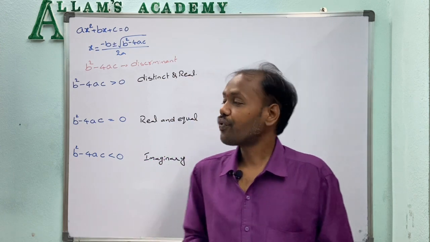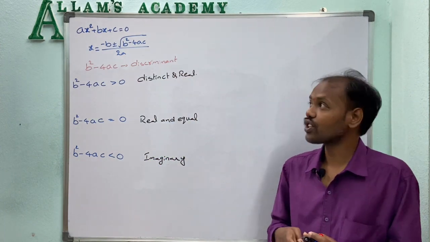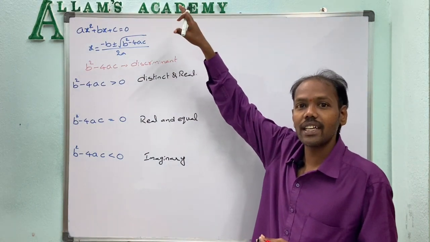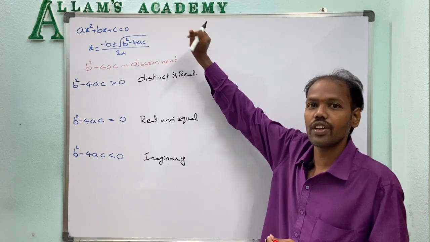Now ax square plus bx plus c equal to 0 is a quadratic equation. Already we said quadratic equation and quadratic polynomial are both the same, just the equal to 0 is the difference.